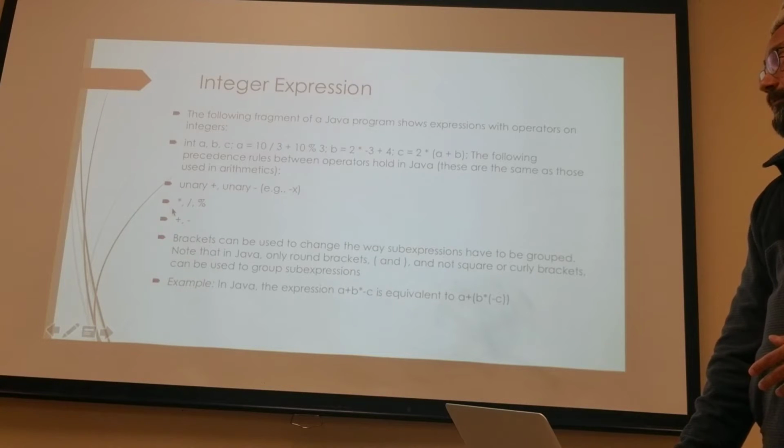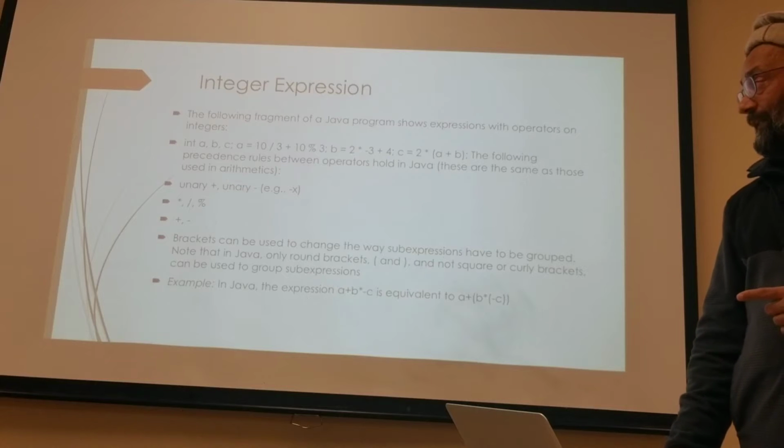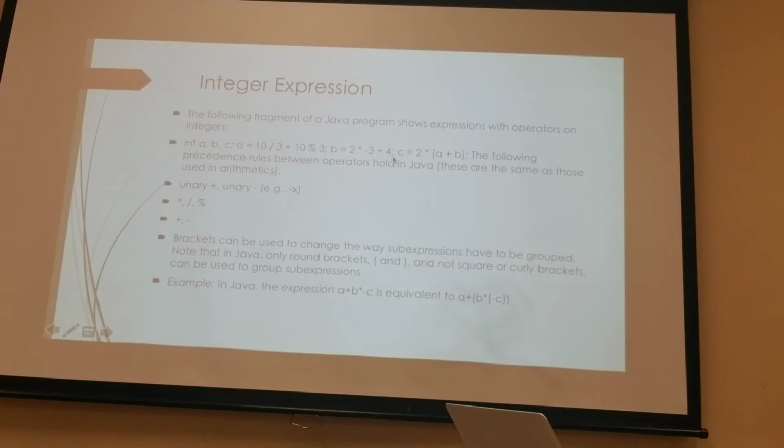Then there is multiply, divide, and percent, which gives you the remainder. And then plus. So now we know this is the precedence. First unary will be done, then multiplication, division or percent, then plus or minus.